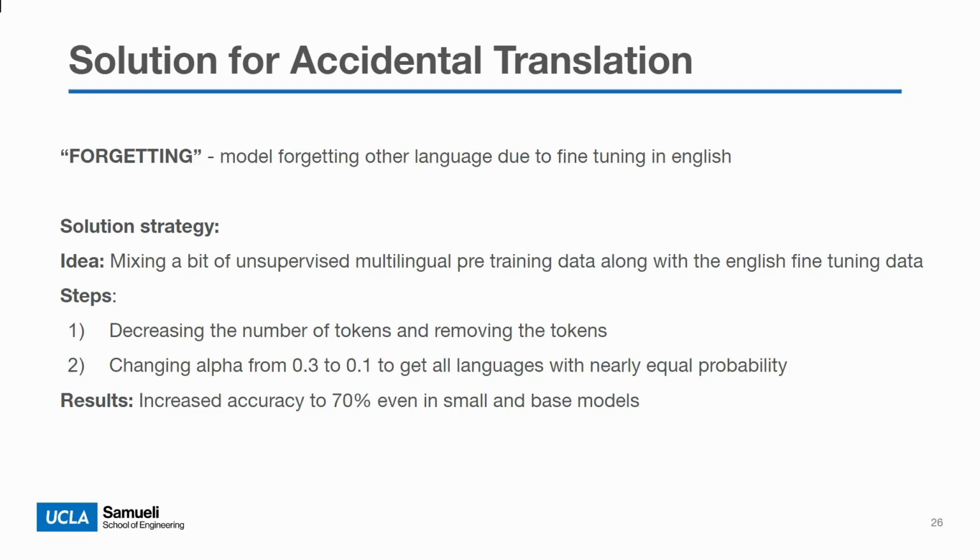That makes the model remember the target languages too. Doing that has increased the accuracy to 70% for small and base models. In the process, we decreased the number of tokens in the multilingual pre-training, and we changed the alpha value from 0.3 to 0.1 so that we can get an equal representation of all the languages. Doing this, we got an increase in the accuracy.